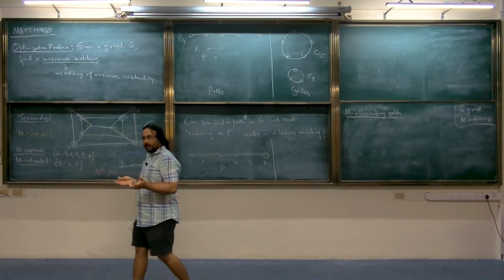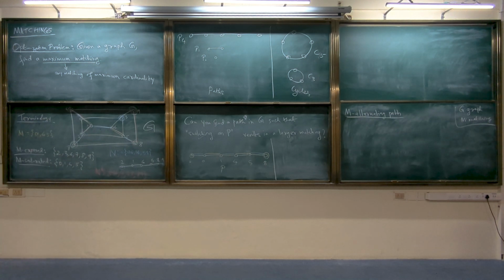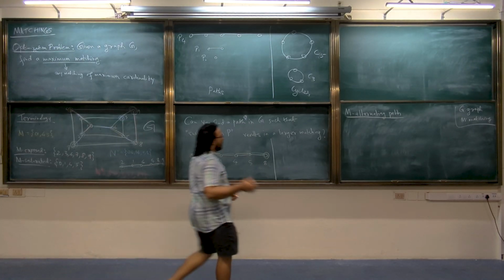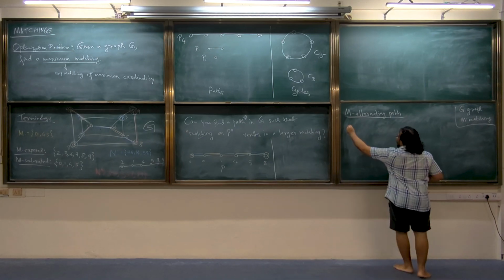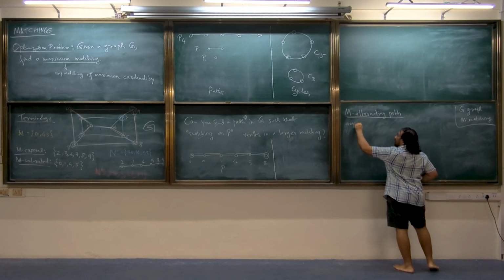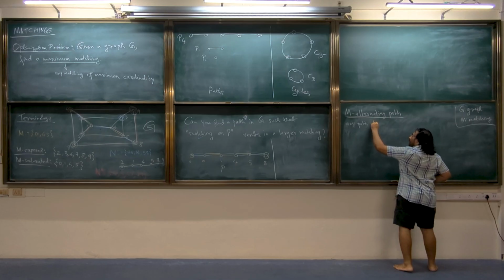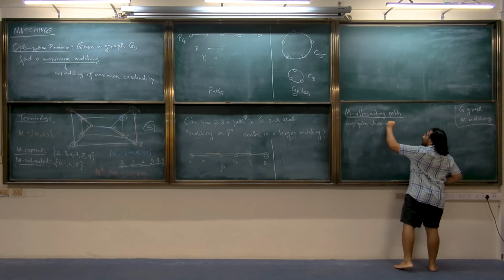Can you all guess what it is? The edges of the path should alternate between being in M and not being in M. Yeah? Okay. Any path whose edges alternate.